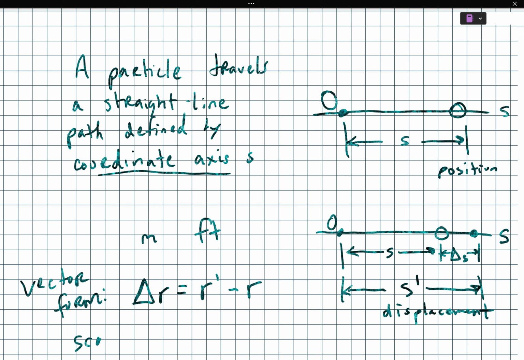In scalar form, delta s is equal to s prime minus s. The total distance traveled by the particle is a positive scalar that represents the total length of the path over which the particle travels.